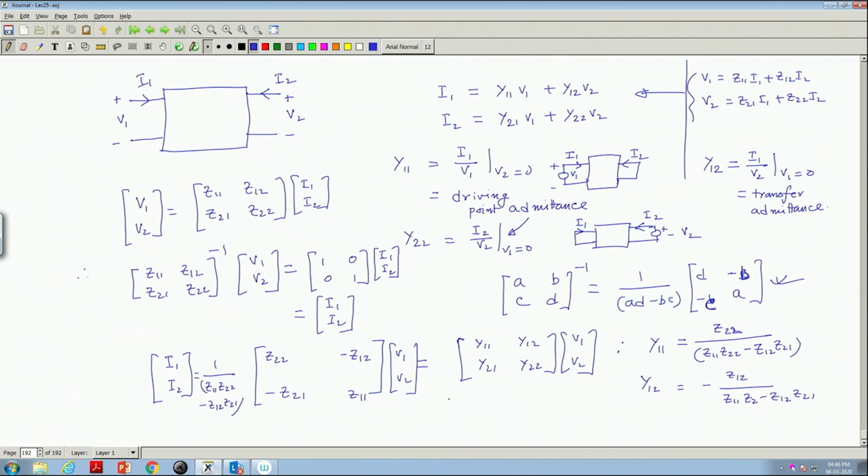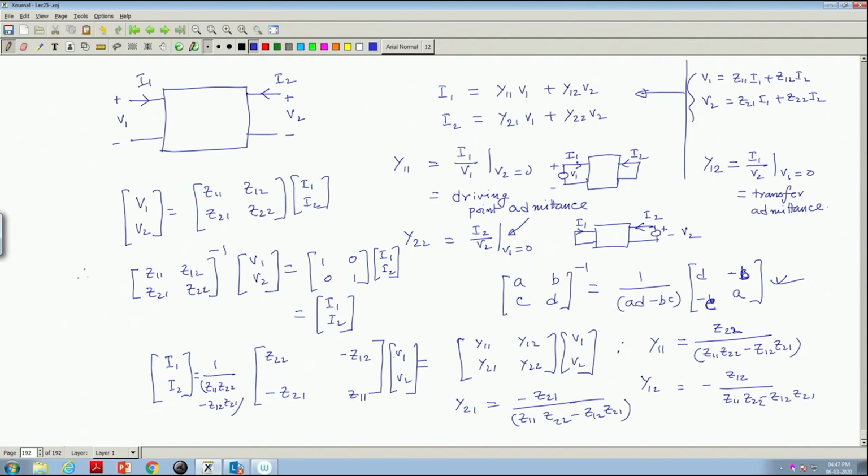So, if you know the Z matrix, take its inverse, you get the y parameter. So, y12, what will be y21? Y21 is this one, which is equal to minus Z21 by this same determinant Z11 Z22 minus Z12 Z21.